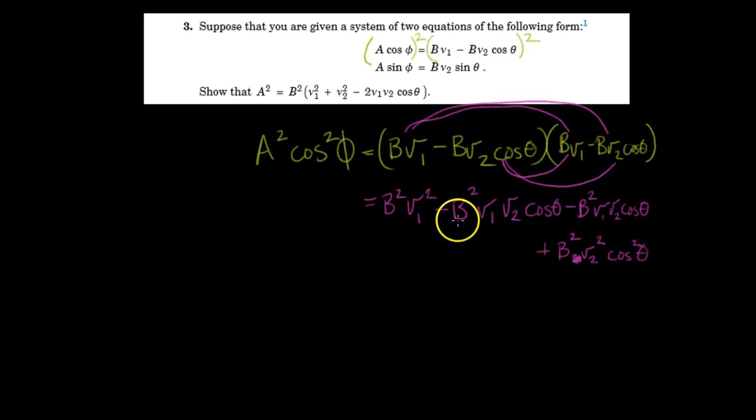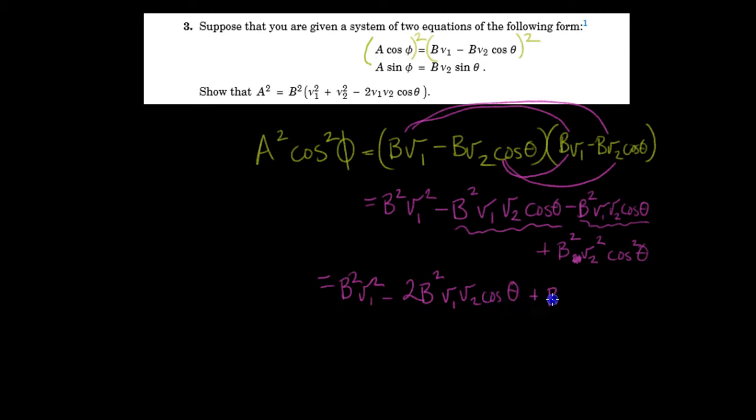Okay, so if I combine like terms, believe it or not, these are like terms, right? So if I expand the right-hand side, b squared v1 squared minus 2b squared, or not 2b, v1 v2 cosine theta, and then plus b squared v2 squared cosine squared theta.